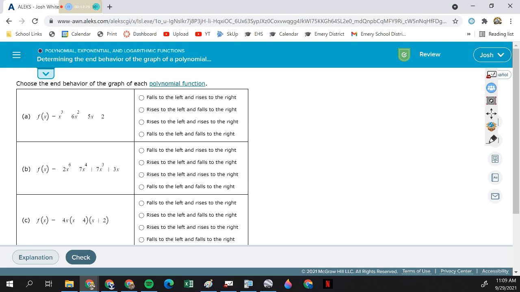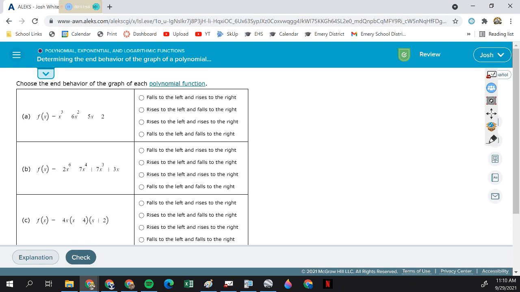What is the degree? 6, and that tells us it's either a happy or a sad face. And it's sad because the leading coefficient is negative. Okay? What about C? We have to construct the biggest exponent possible.